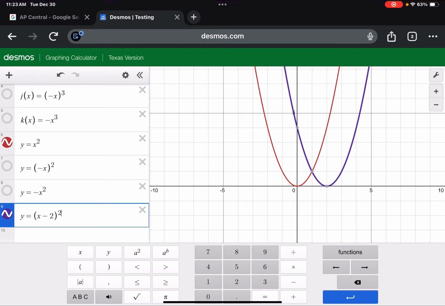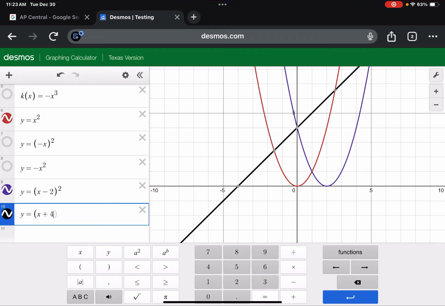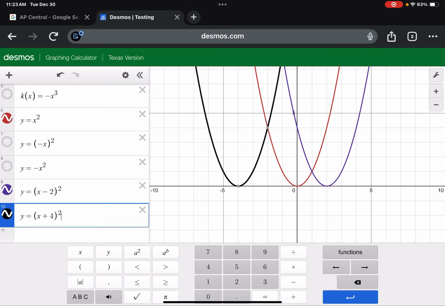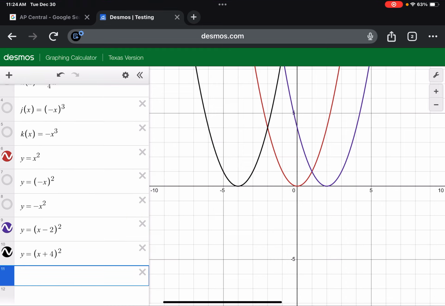But if I changed that to, let's say, y equals parentheses x plus 4 squared, you can see your graph shifts left 4 units, okay? So translations are really easy to tell. So if you're trying to check a translation or a shift, those are pretty easy to see.